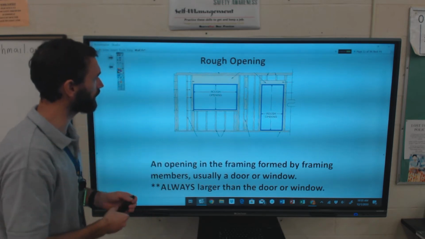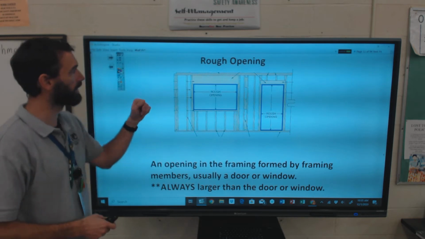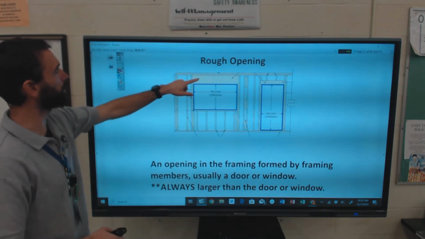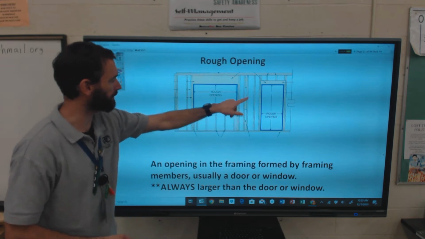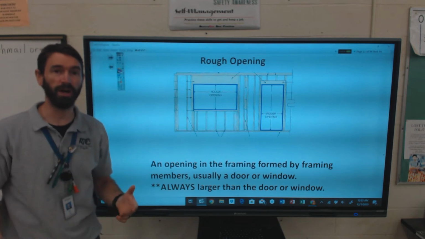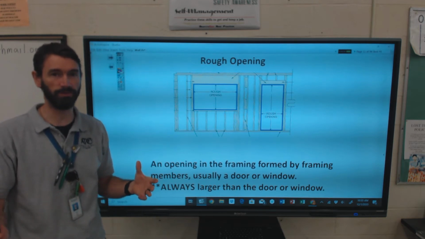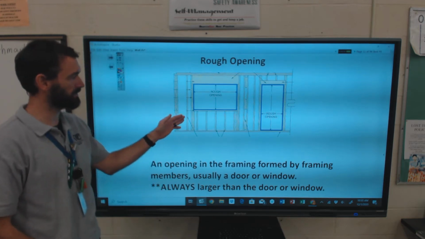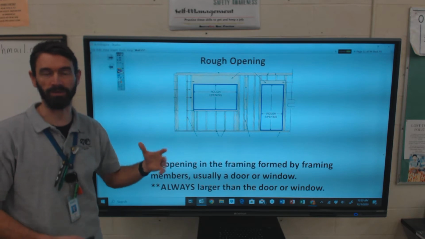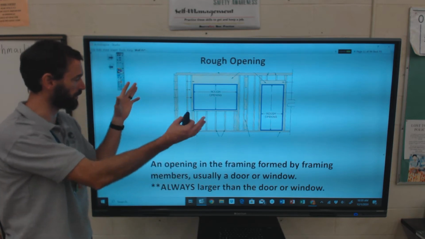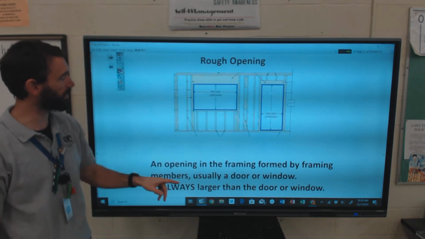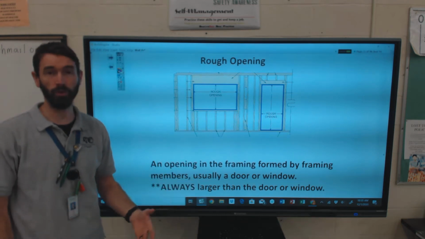All right, so starting with rough openings, outlined in blue here and here. It's an opening in the framework formed by framing members. When I say framing members, just like with floor framing, it can be any component, something framing for the wall. It is usually a door or a window.